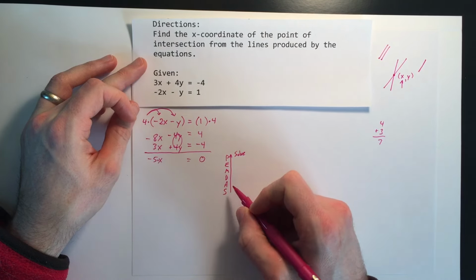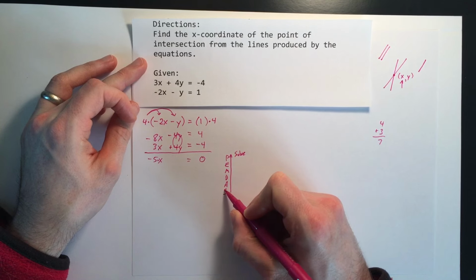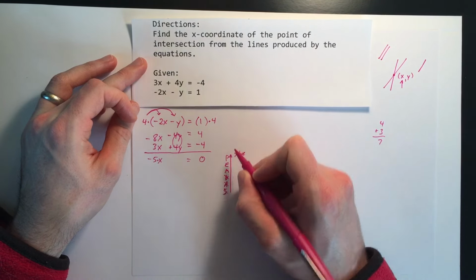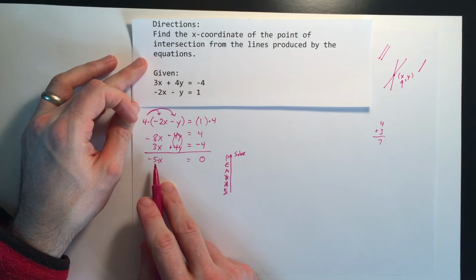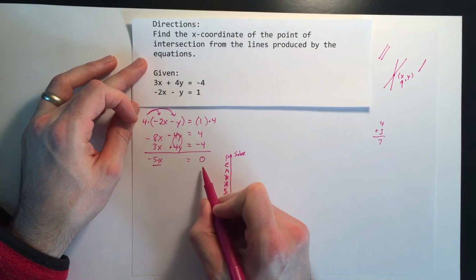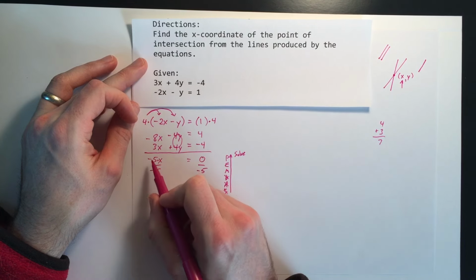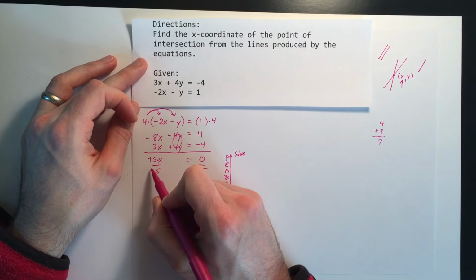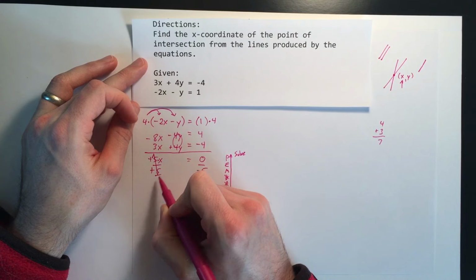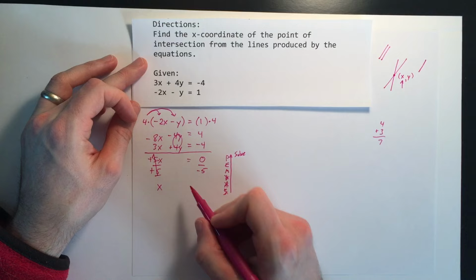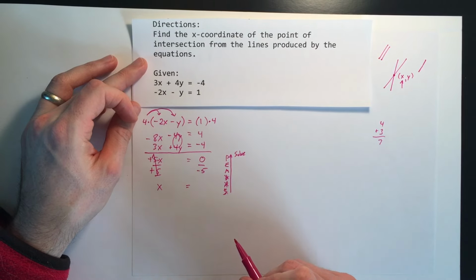So it wasn't being subtracted, it wasn't being added, it wasn't being divided, it was being multiplied, going backwards. I'm going to use the inverse of multiply, which is divide, and I have to do it to both sides by negative 5. Negative divided by negative makes a positive. 5 divided by 5 makes 1. 1x is just x. Equals, and 0 divided by anything is just 0.